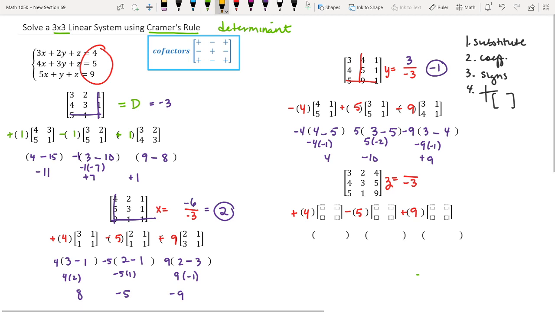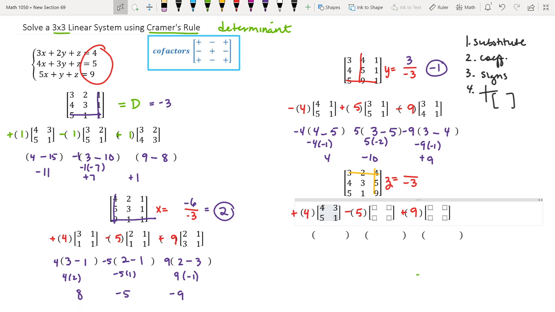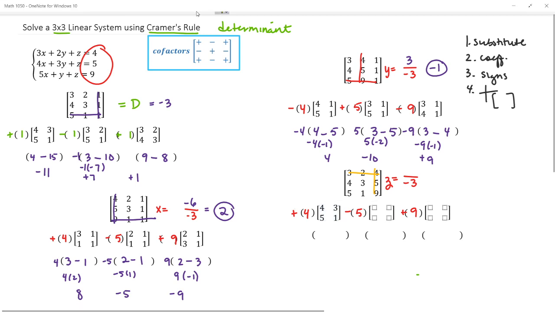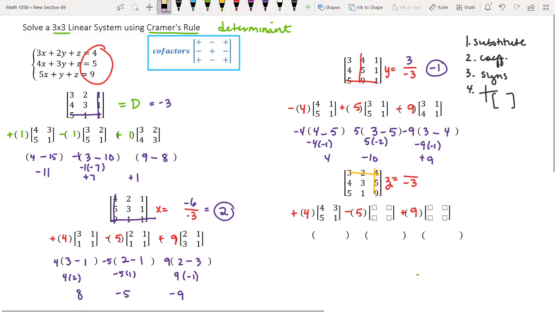All right, so the last one here, I'm working on this last column, cancel out my 4s, and plug in that little 2 by 2. And let's clean that up. And let's cancel out my 5.